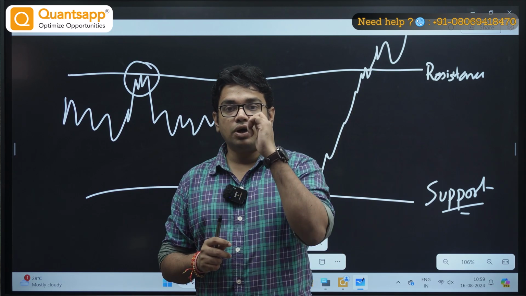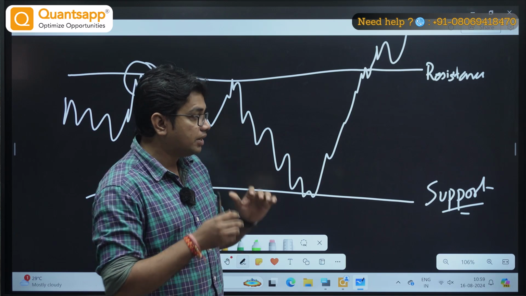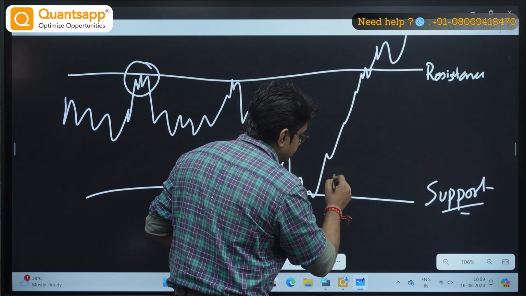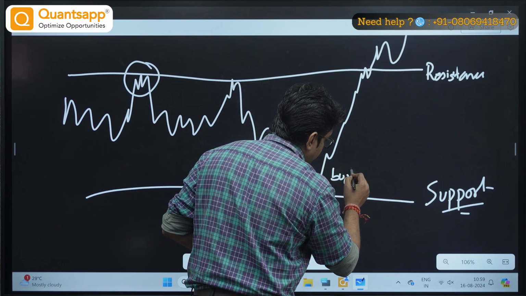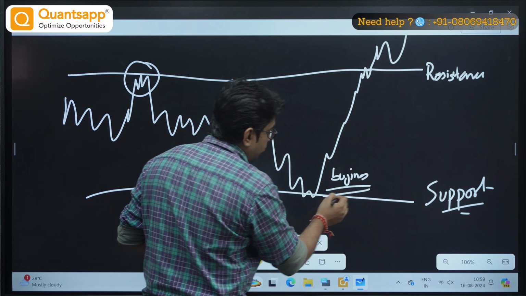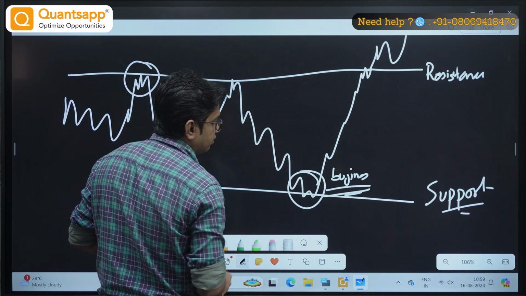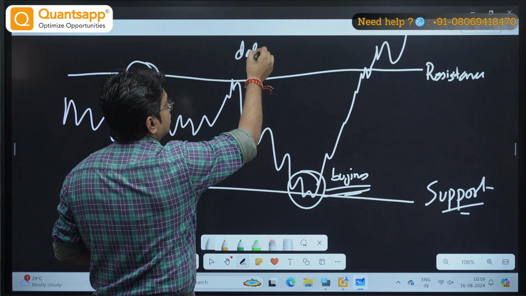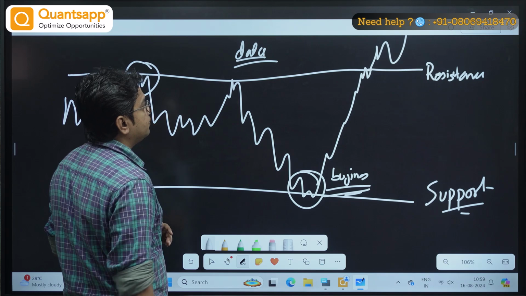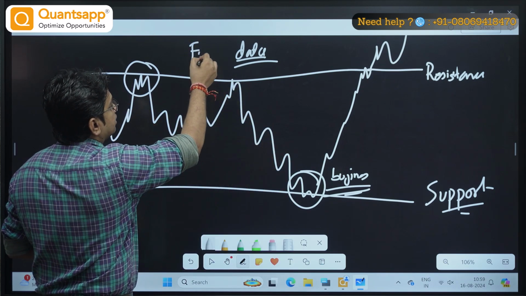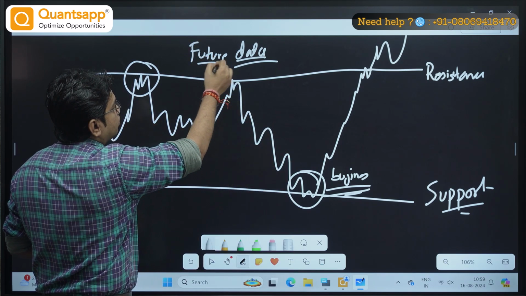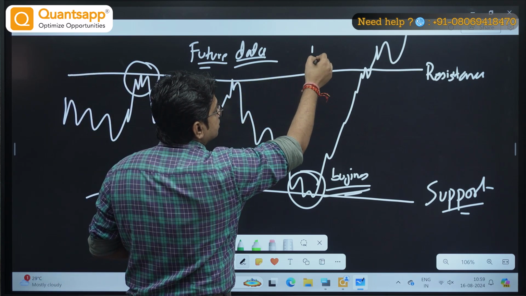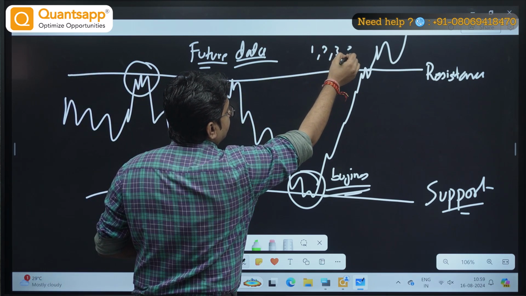At that particular resistance, when people start buying the future, at this particular level, it will be reflected in data. Which data? Future data. At what time frame, you can choose 1, 2, 3 or 5 minute, any.